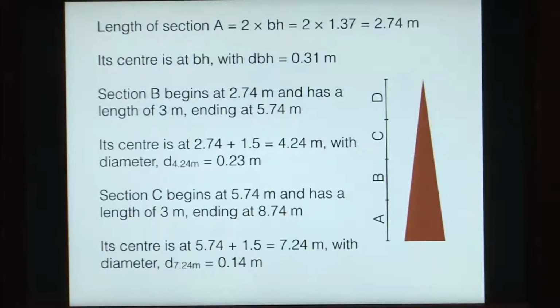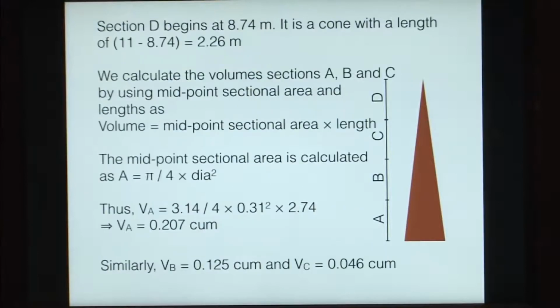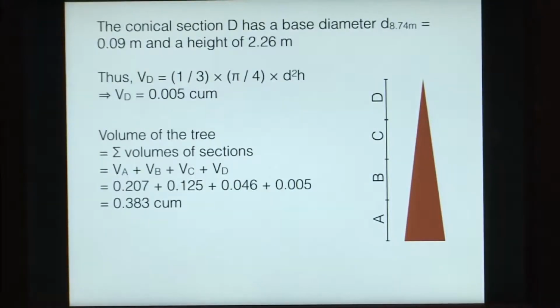The other sections were taken to be 3-meter sections, so that not only can we use this tree for the computation of volume, but at the same time it can also be used in a profitable manner by selling it. So, 3 meter is a standard section length, and the topmost section was considered to be a conical section. We computed the volumes of all the sections, and then we added up those volumes to get the volume of the tree.